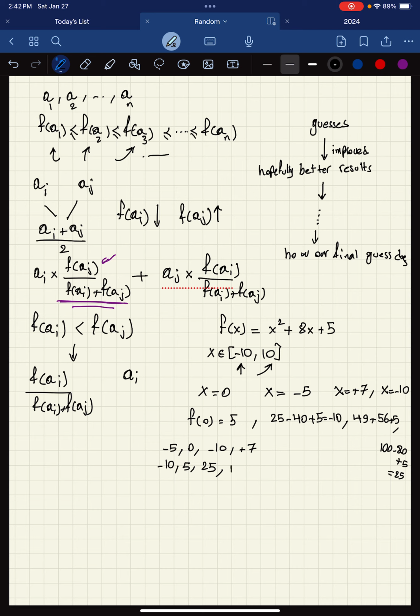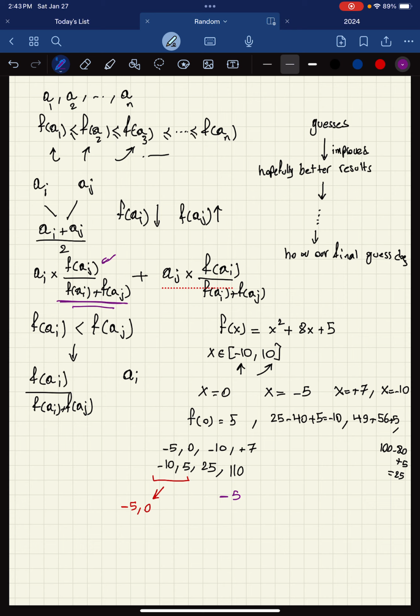Then we want to make new results from these. So what I'm going to do is, first of all, pick the first 2 and say that I'm going to keep these as my next guesses as well. So I would put minus 5 and 0 here. Then I want to make new guesses.